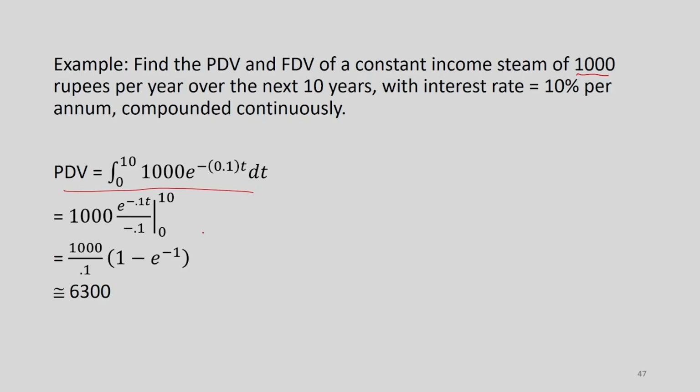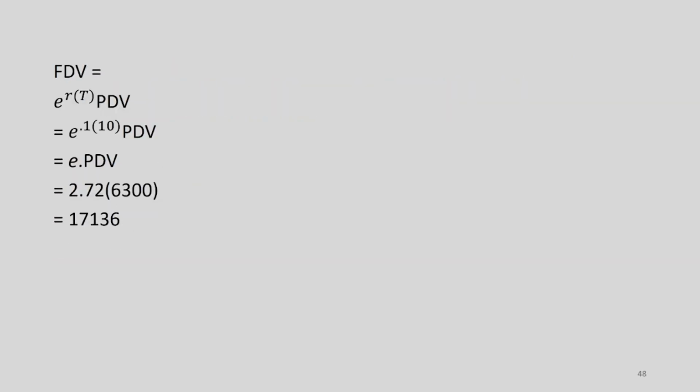So the things are now falling into place. I just have to integrate and take the definite integral. It comes out to be roughly 6,300 rupees. This is the PDV. For FDV, it is just converting the PDV into FDV. I have to multiply that with e to the power r multiplied by capital T. So r is 0.1, capital T is 10, so 0.1 multiplied by 10 is 1.